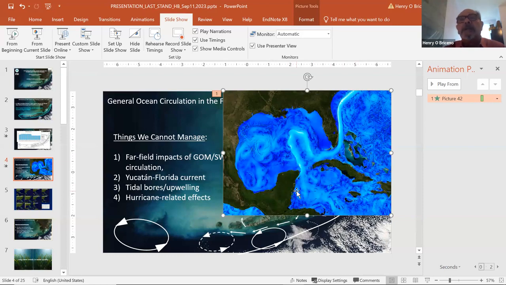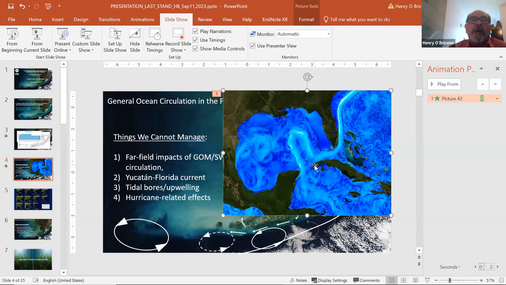That's what it moves. So anyway, that's something that we cannot control. So we'll have to put up with whatever the system brings us here. Things like sargassum, which come with all these currents, and it's not produced here. It's not produced in the Keys, but comes to our shorelines.